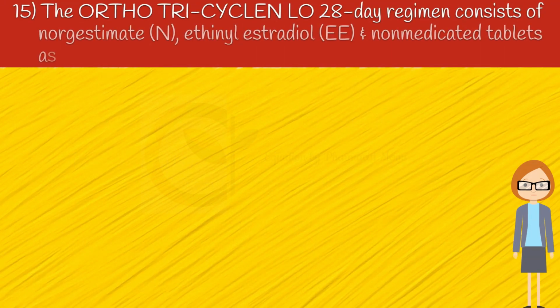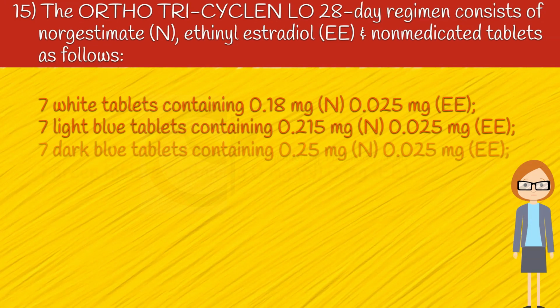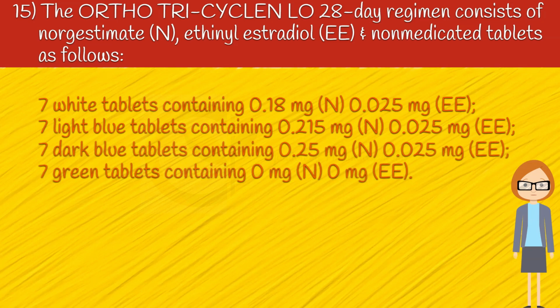Question 15. The ORTHOTRicycline LO 28-day regimen consists of norgestimate, ethinyl estradiol and non-medicated tablets as follows. 7 white tablets containing 0.18 mg norgestimate and 0.025 mg ethinyl estradiol. 7 light blue tablets containing 0.215 mg norgestimate and 0.025 mg ethinyl estradiol. 7 dark blue tablets containing 0.25 mg norgestimate and 0.025 mg ethinyl estradiol. 7 green tablets containing 0 mg norgestimate and 0 mg ethinyl estradiol.